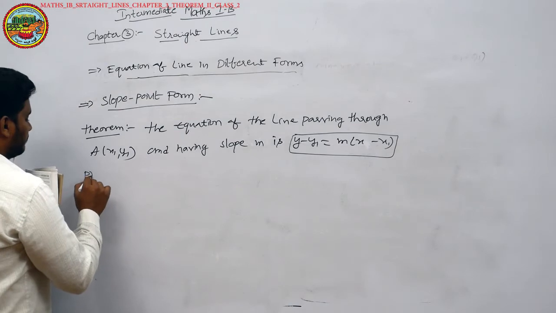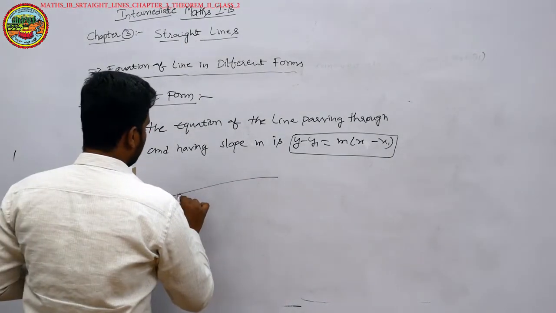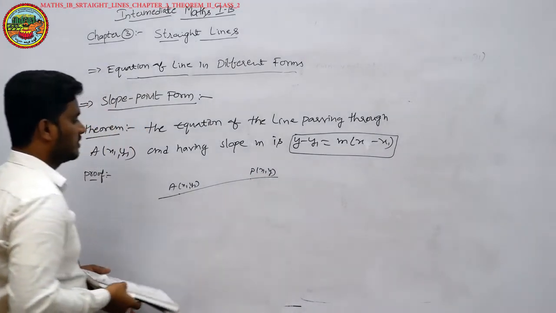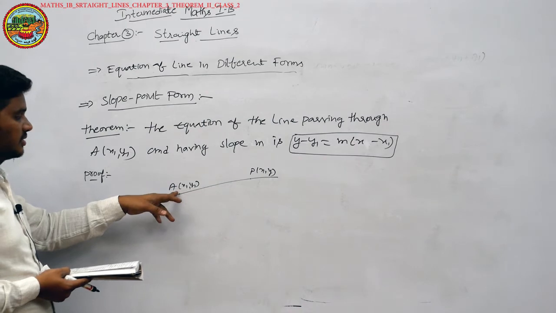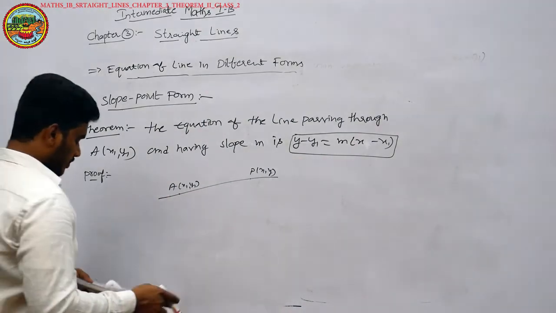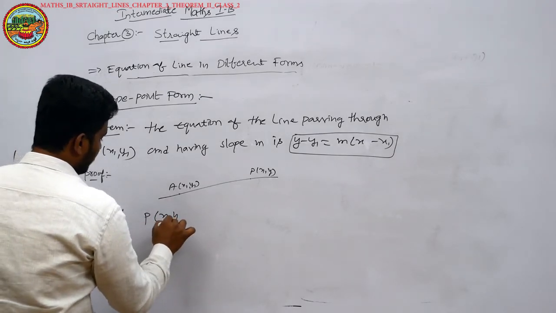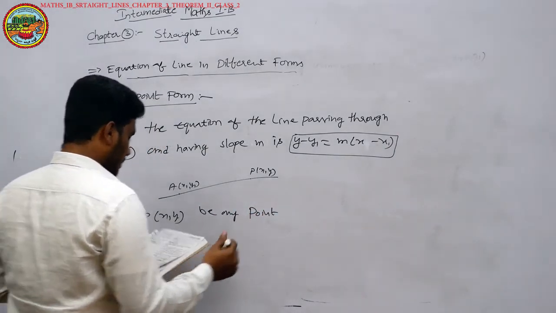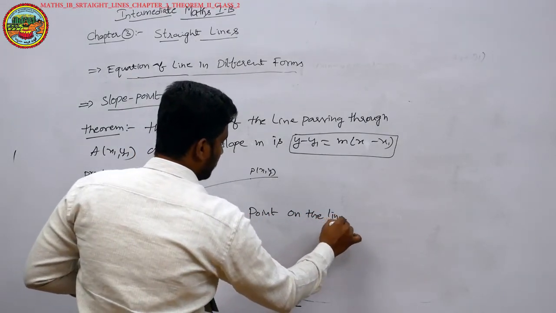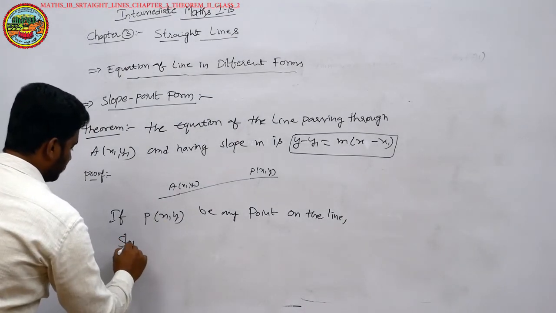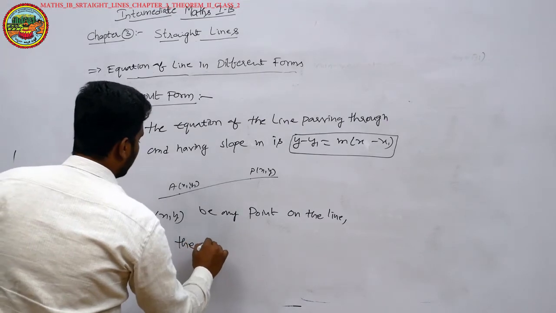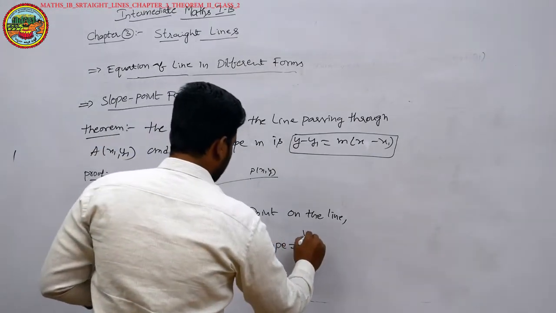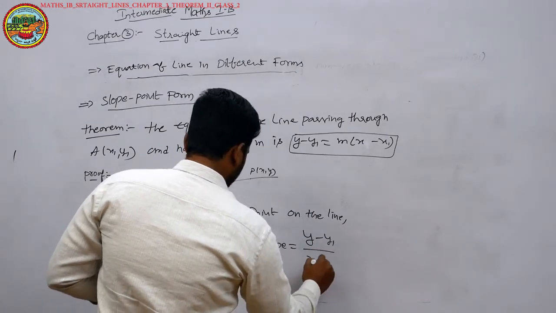So proof. Let A be the point x1 comma y1, and let B, x comma y, be any point on the line passing through A x1 comma y1. If P is any point on the line, the slope of the line is given by m, which is equal to y minus y1 by x minus x1.